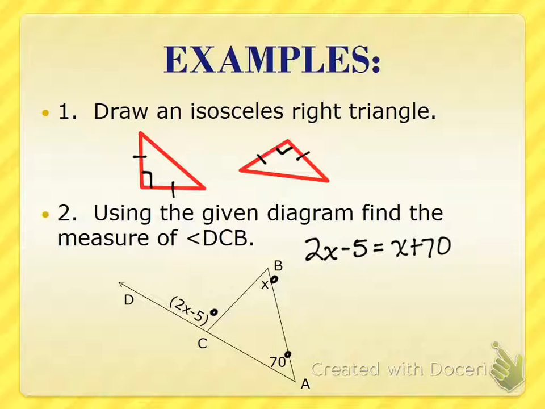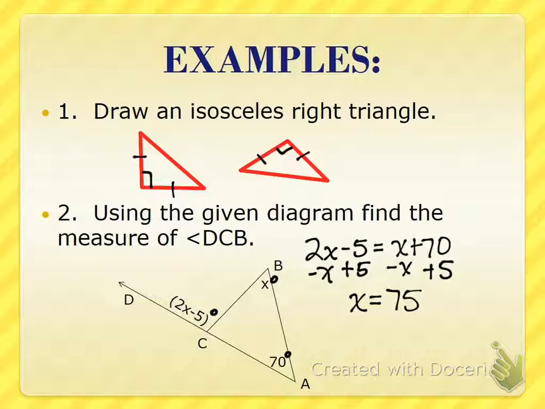It's the same thing. To solve this, what will we do? Subtract x and do what else? Add 5. We'll just do it all at once. What does that leave me with? x equals 75. Good.